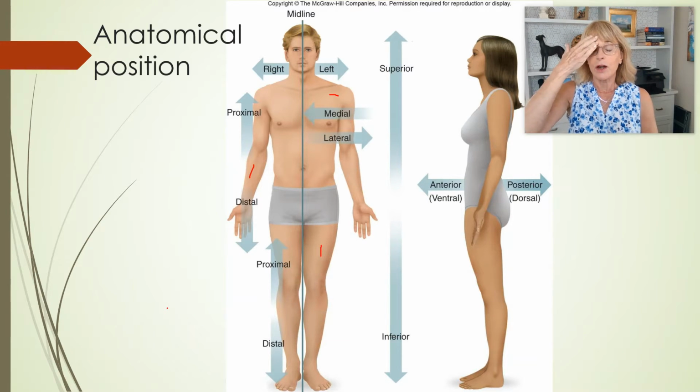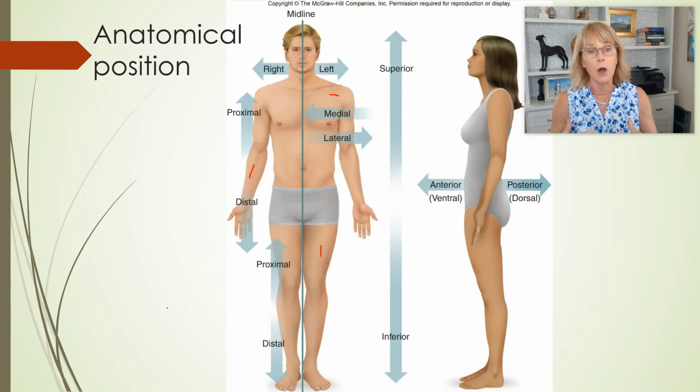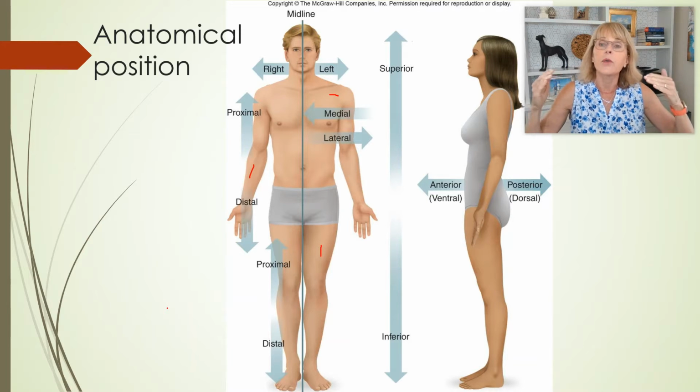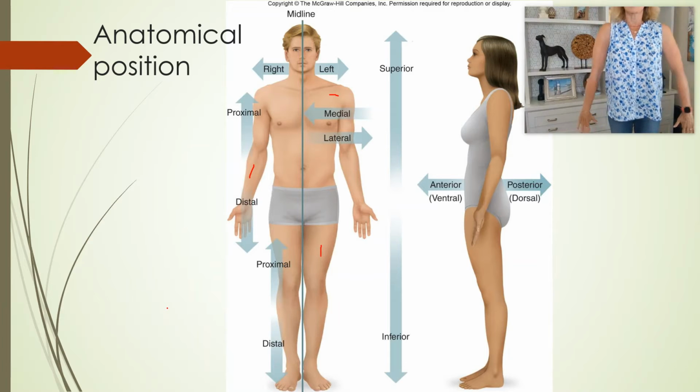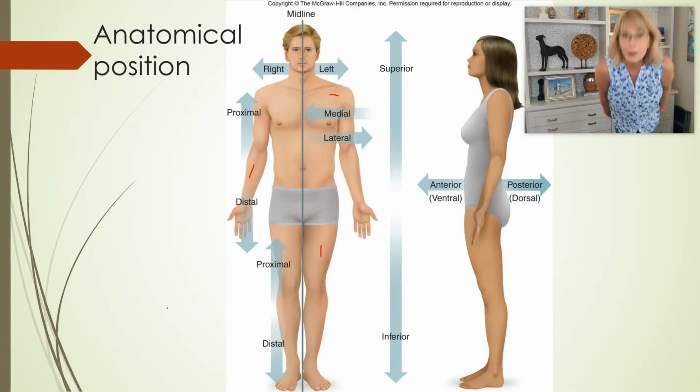Okay? Let's start out with the anatomical position. Before we could establish that something's above or below or on the front or on the back, we need to know how that person is positioned. For example, if I'm standing here like this, you can see that my palms are facing towards the back, okay?